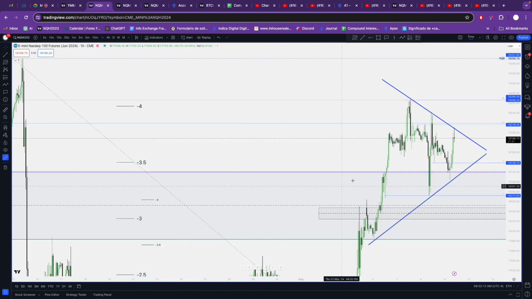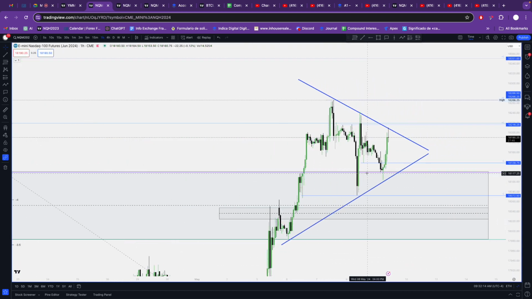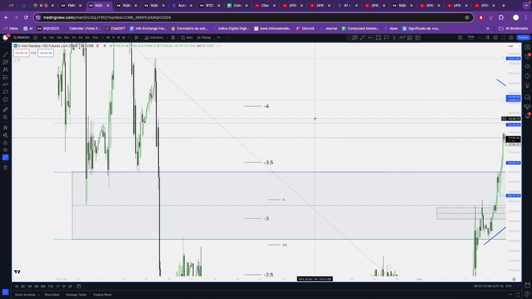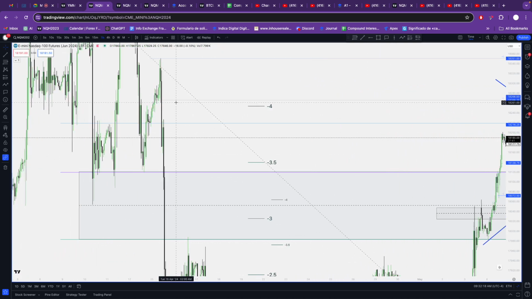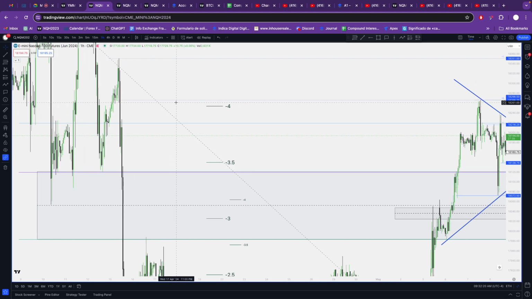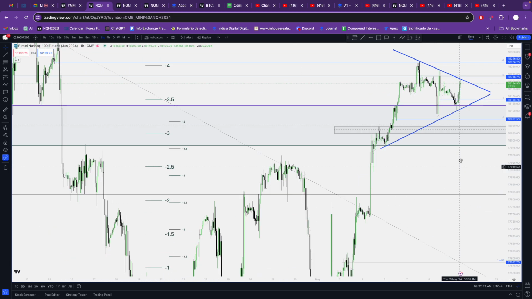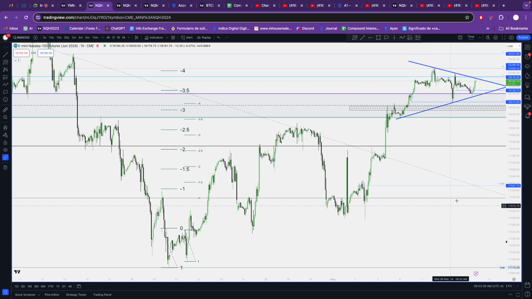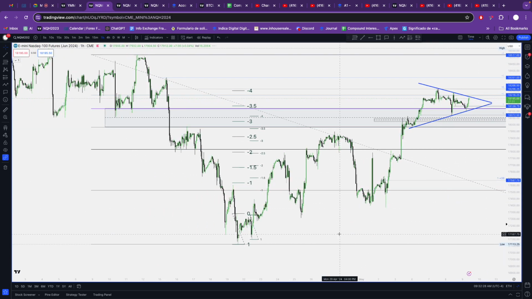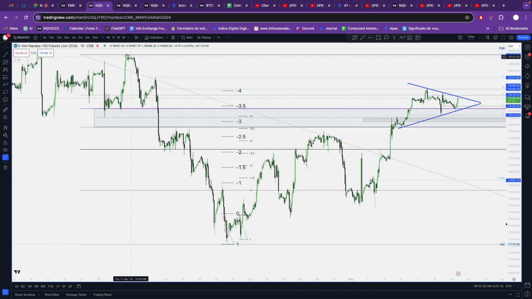Looking at the hourly, again, going over here, we come right up into this fair value gap, matching what we did on the 4 hour, and looking at our market maker model, we always want to understand where we are on the curve.